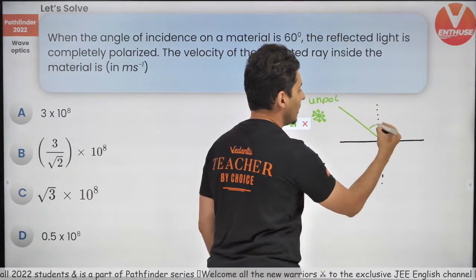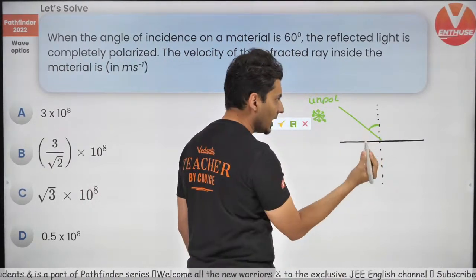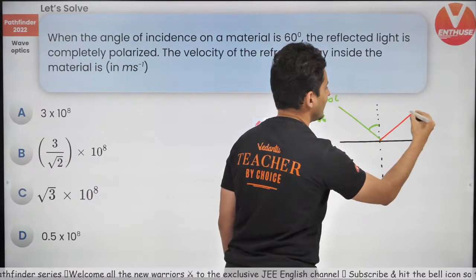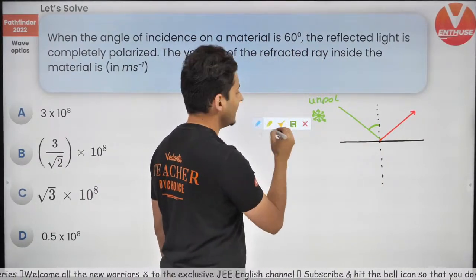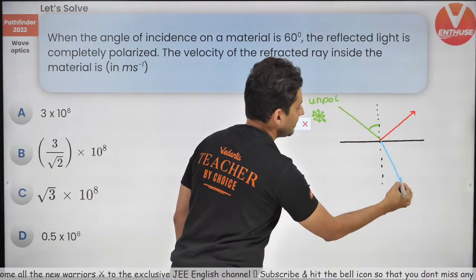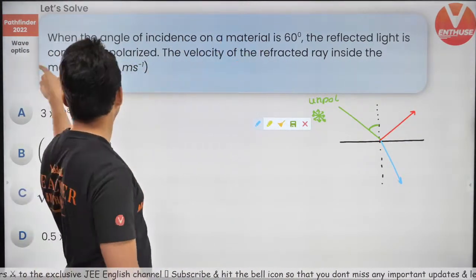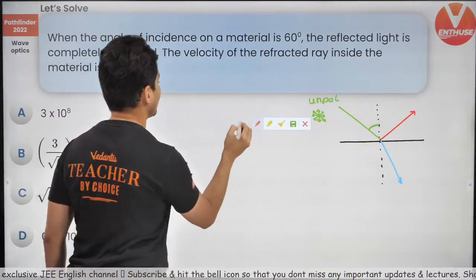This light, when it falls at a certain angle, obviously part of it will get reflected, and a part of it will get refracted. It is given that the one which is reflected is completely polarized. Read the question.